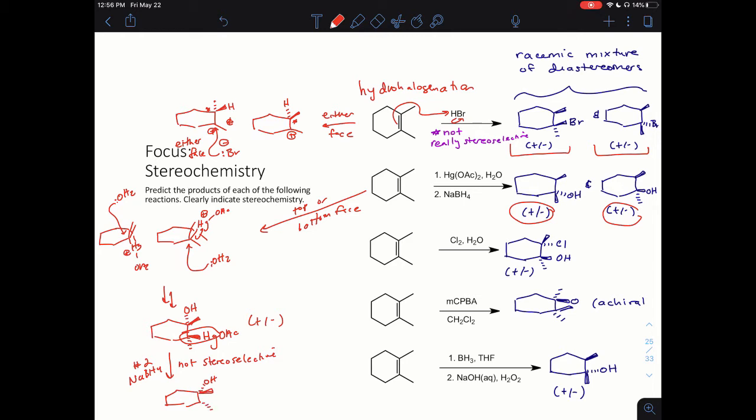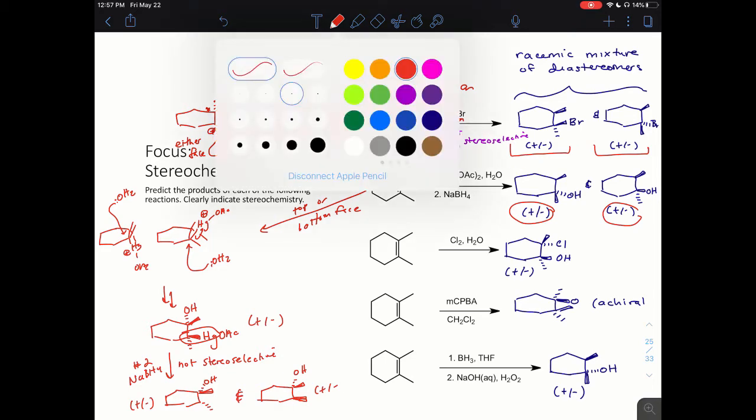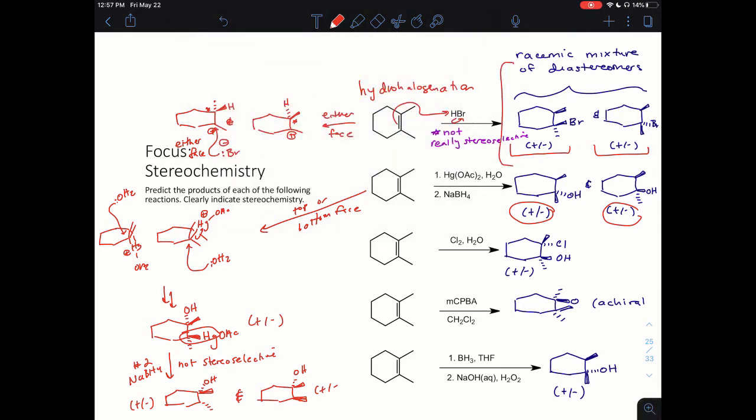So you can have the carbon-hydrogen bond stay up, or the carbon-hydrogen bond can end up being down and the methyl can be up. So those are diastereomers of one another, and they started out racemic. So you have a racemic mixture of diastereomers. Again, a mess. So for both of these first 2 reactions, we have a racemic mixture of diastereomers. So also here.